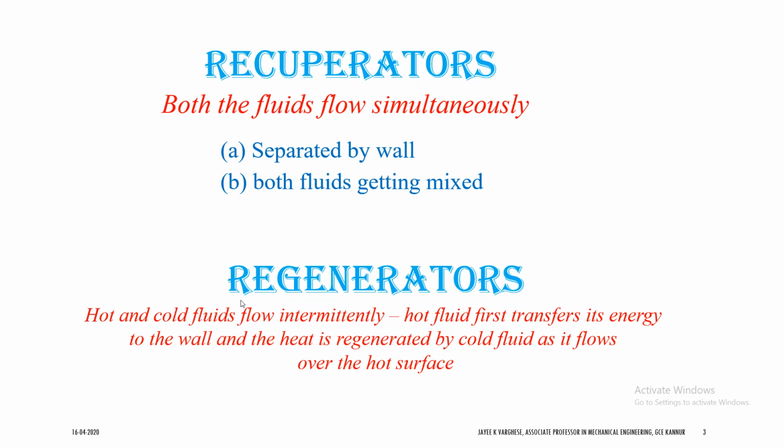That means first the hot fluid will be flowing over a surface, exchanging its heat to the surface. The surface gets heated up, and then cold fluid will be flowing over the hot surface and taking the heat, and will in turn be heated up. This is what we call regenerators. Regenerators are not very common nowadays.